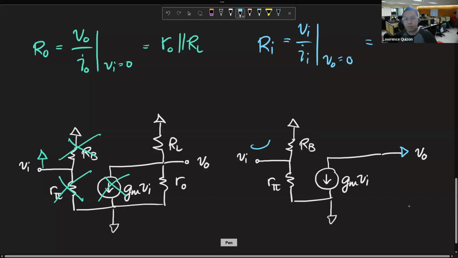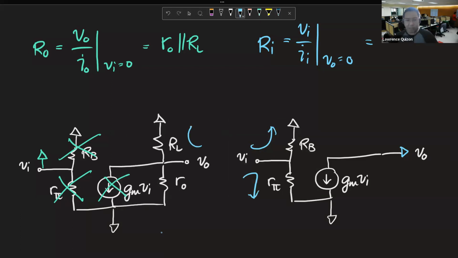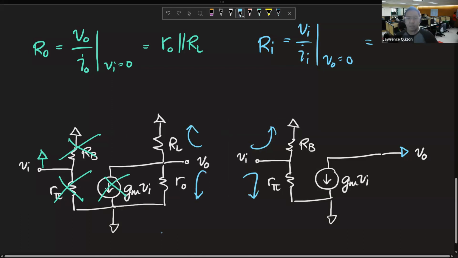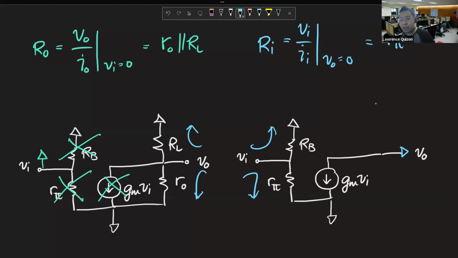So now we have an input current that way and an input current that way, and this thing doesn't affect it, so we can actually ignore that. This is like the situation for V out. So we actually find that R in is R pi parallel RB.